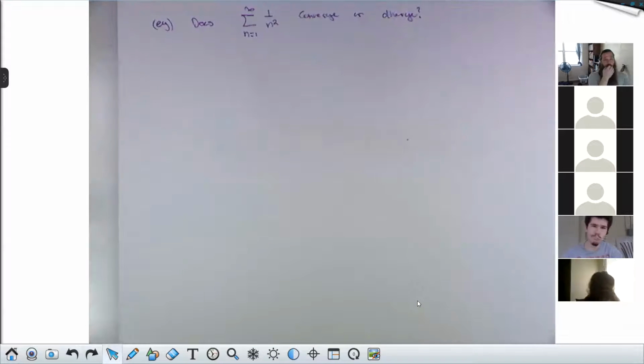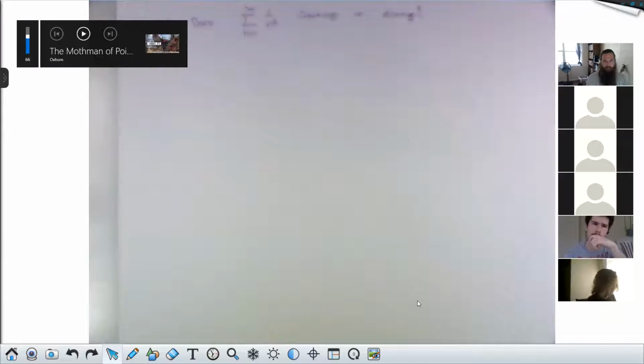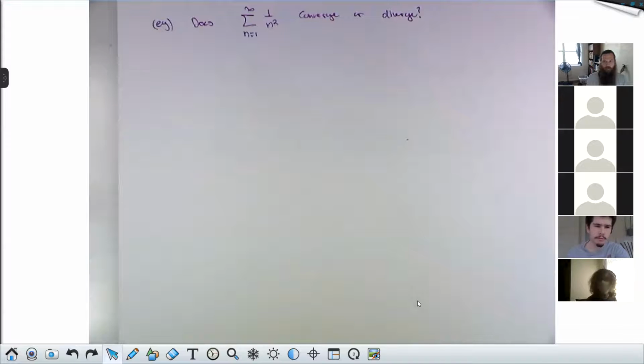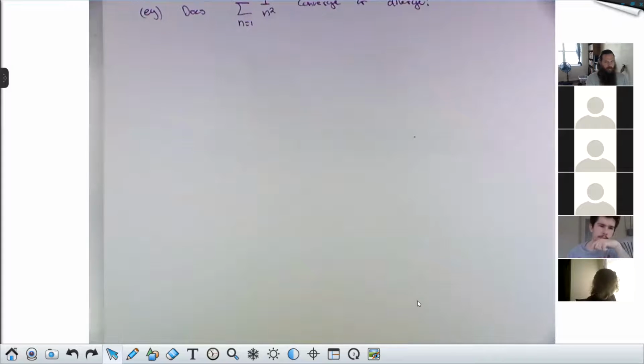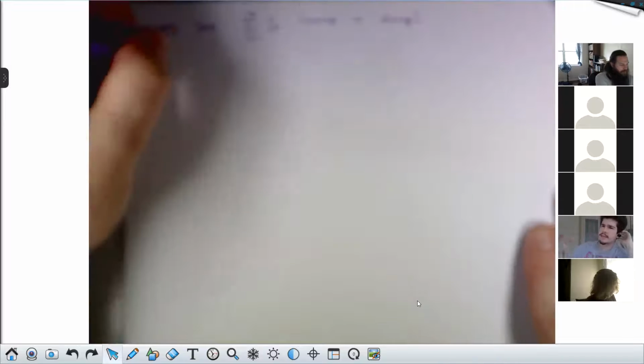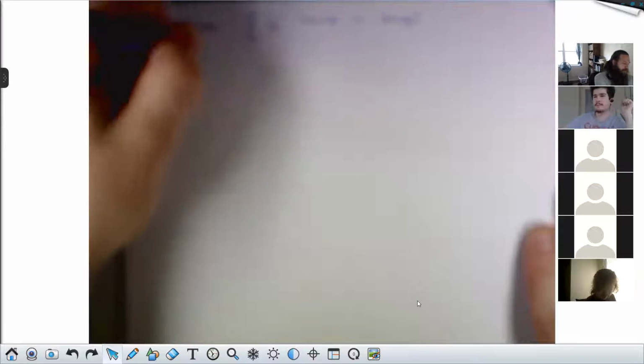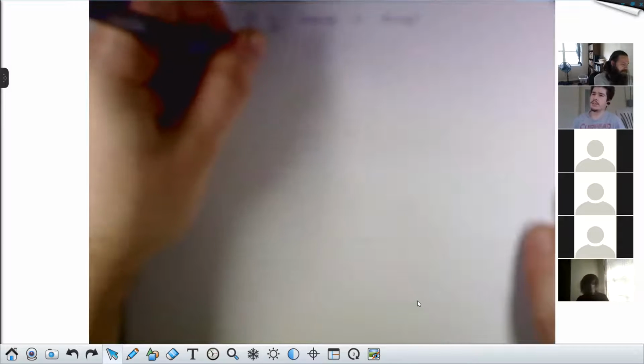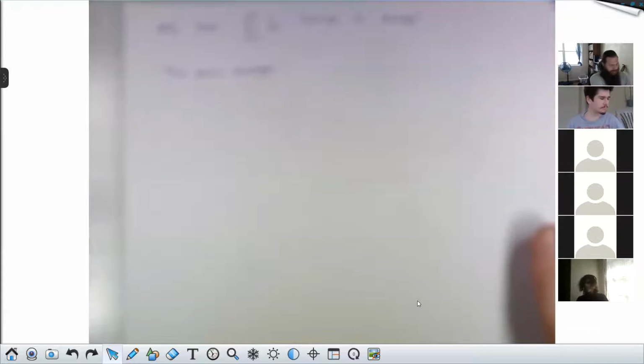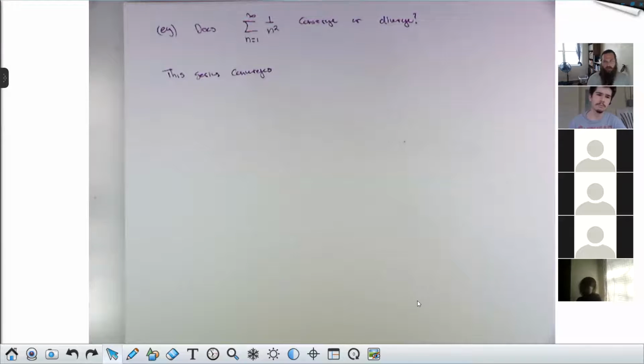Does sigma n from 1 to infinity 1 over n squared converge or diverge? Help me out. Convergence. Should converge, right? Yes. Why should it converge? Because it's decreasing, continuous, and positive, so you can relate it to 1 over x squared, which is convergent. That's true. Can anybody say it more concisely, though, without an explicit appeal to the integral test, using the theorem we just proved? So you're not wrong, Ethan, you're correct.